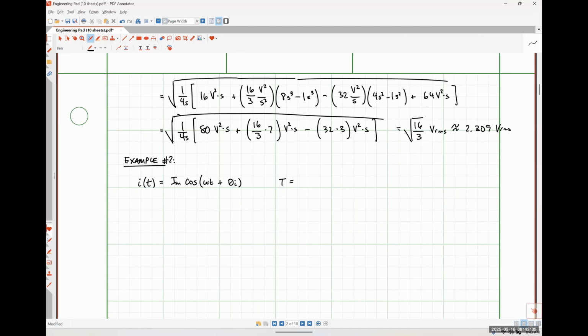Okay. So can anybody remember what the period of a sinusoid should be in terms of our angular frequency omega? 2 pi over omega, that's it.